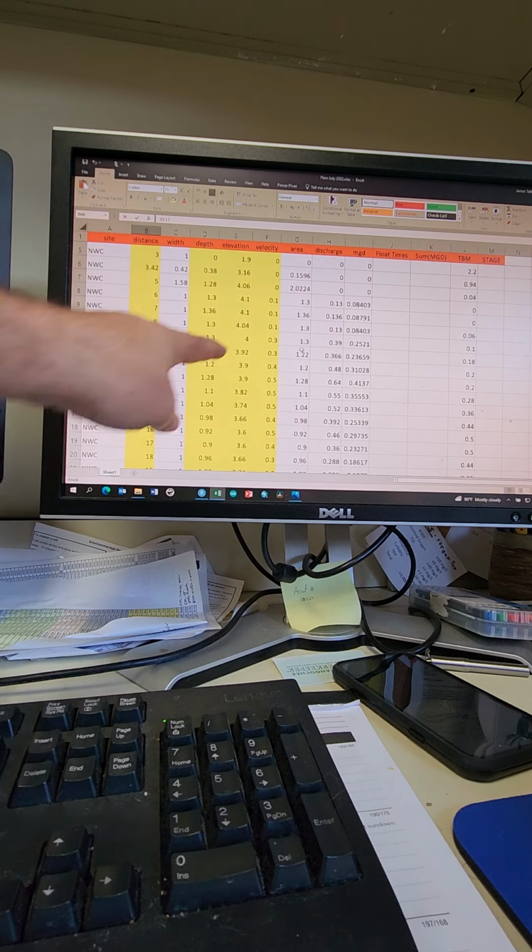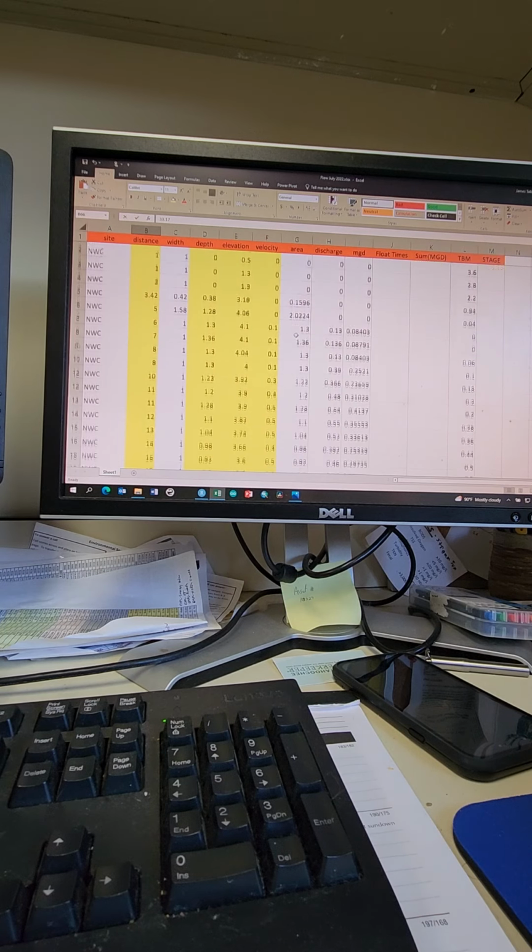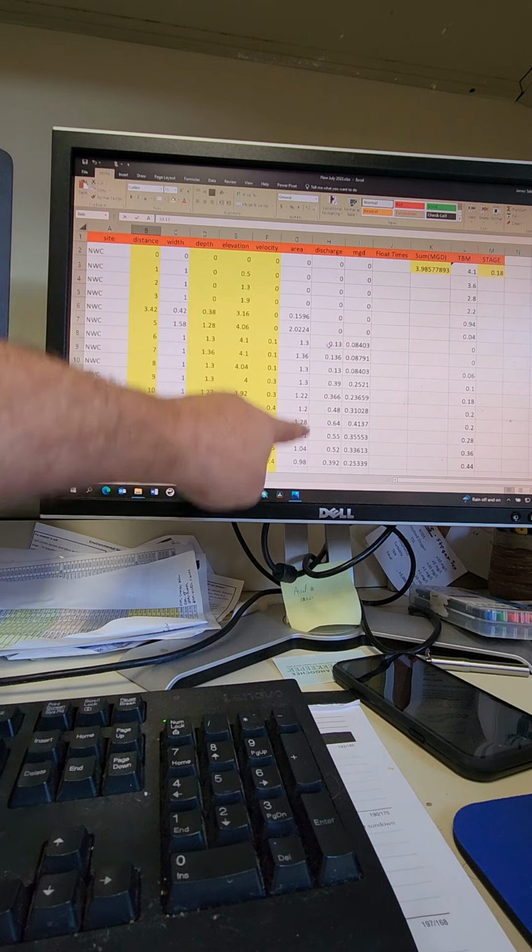And then we use a flow meter to see how fast it's going. We get all these measurements, put it in here. It tells us width times depth, the area of the stream right in here.